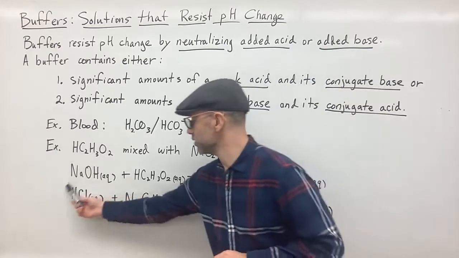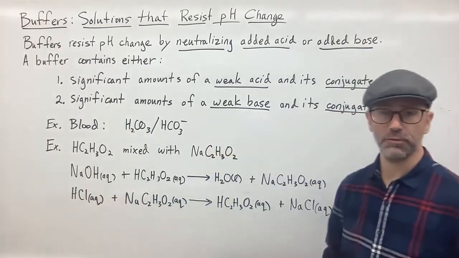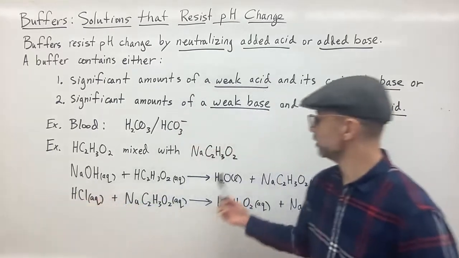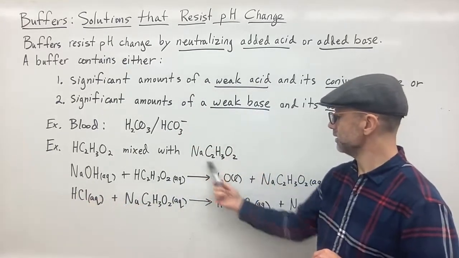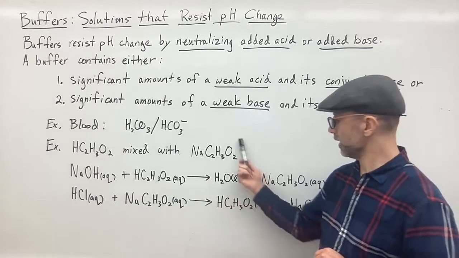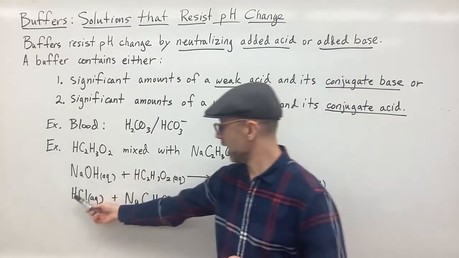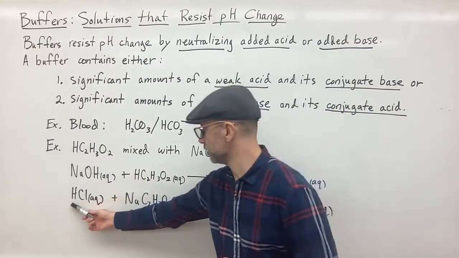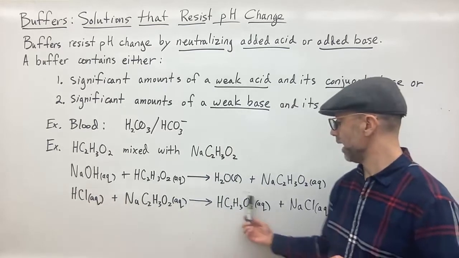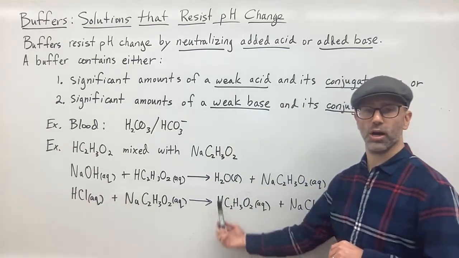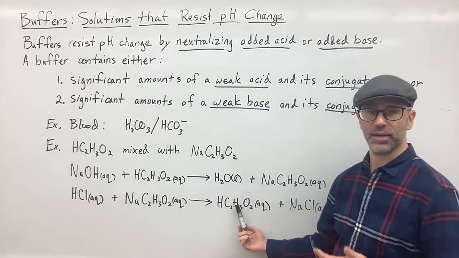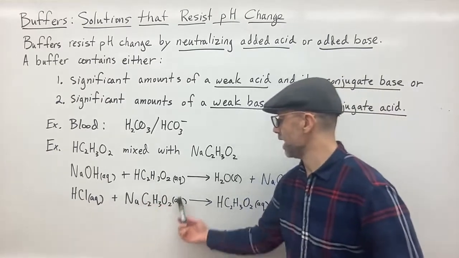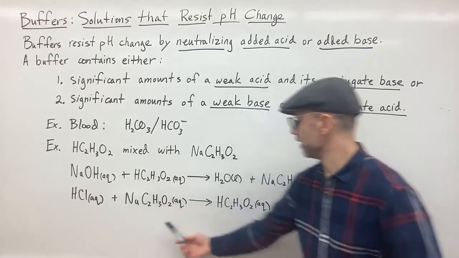What if I add HCl, a strong acid, to this buffer? In this case, the HCl will react with the sodium acetate in the buffer. The acetate ion will pick up the hydrogen and make acetic acid. So I'm creating more of the weak acid, which is already in my solution, and losing some of the acetate ion at the same time.